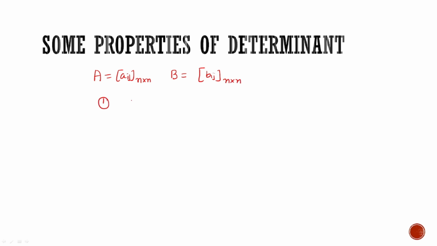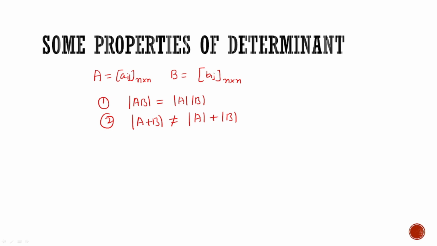First property: determinant of AB is equal to determinant of A times determinant of B. Number 2: determinant of A plus B is not always the addition of these two determinants. So we have to verify these two.